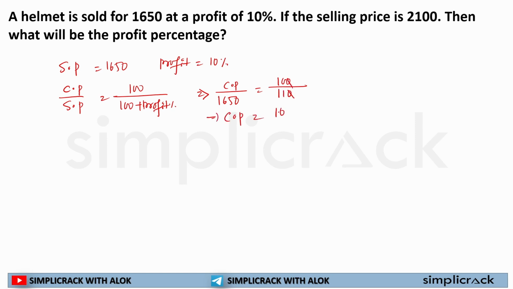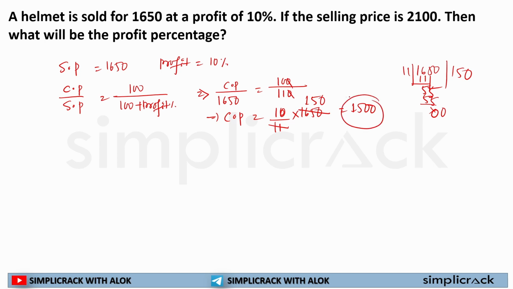Cost price will be 10 by 11 multiplied by 1650, and if I solve it, I will get 1500. See, 1650 divided by 11: 11 ones are 11, 5 will come here, 11 5s are 55, it will cross out, and the 0 will be 0. So 1500 is my cost price.